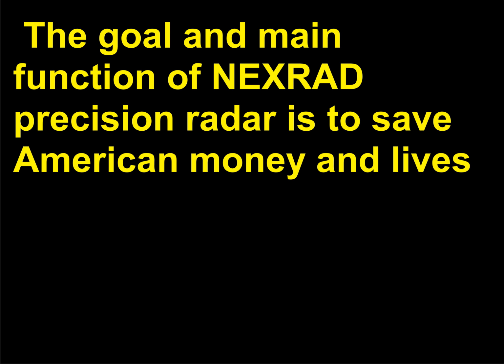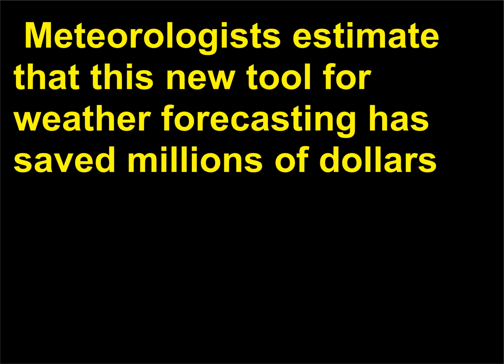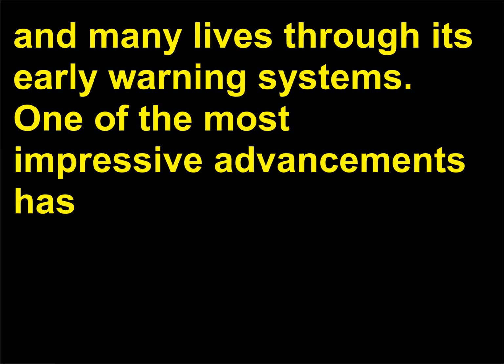The goal and main function of NEXRAD precision radar is to save American money and lives by predicting threatening weather problems and warning the public before tragedy strikes. Meteorologists estimate that this new tool for weather forecasting has saved millions of dollars and many lives through its early warning systems.